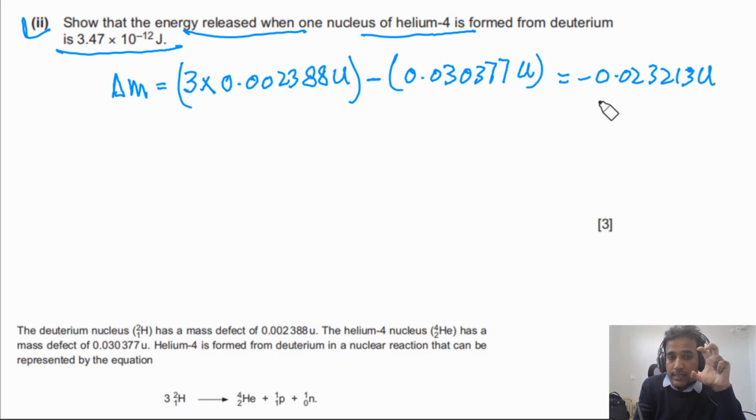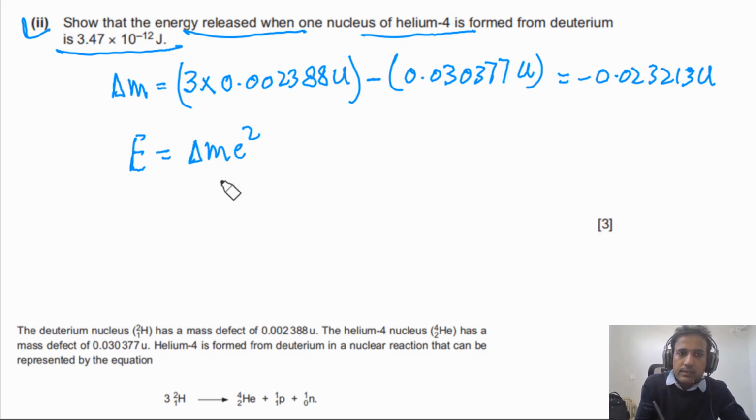It means the mass defect in helium is greater than deuterium, so energy will be released. How can we calculate the energy released? Energy released, E, will be equal to delta M times c squared. But delta M has to be in kgs.